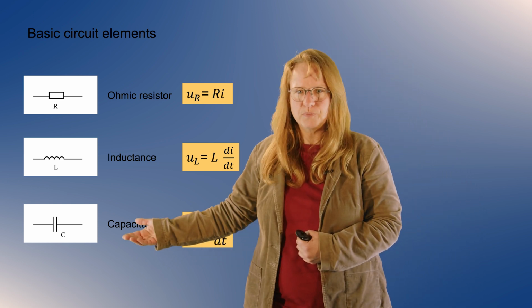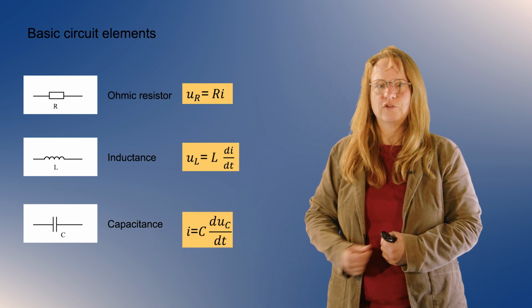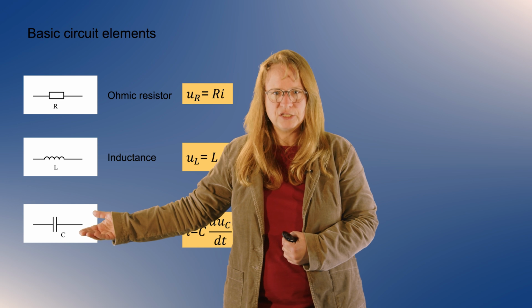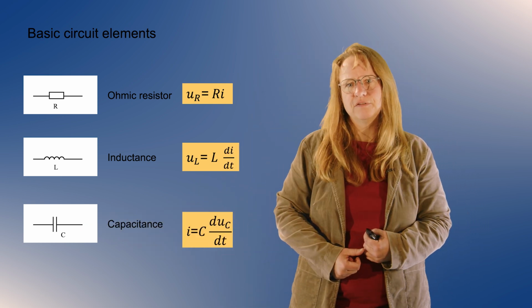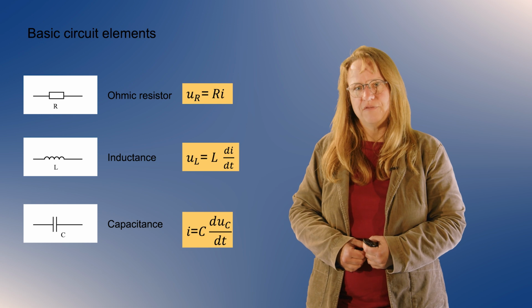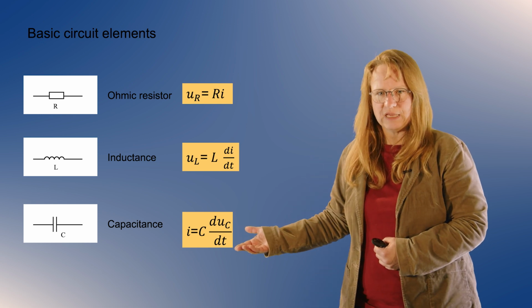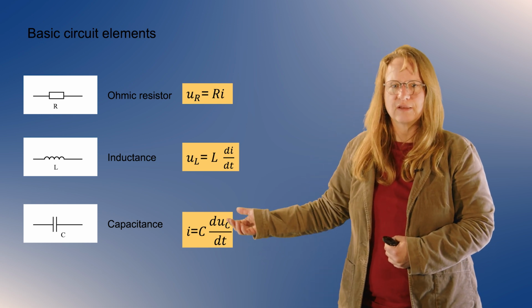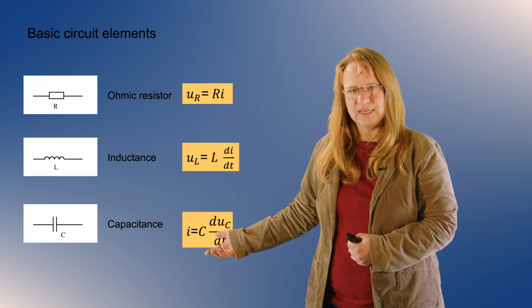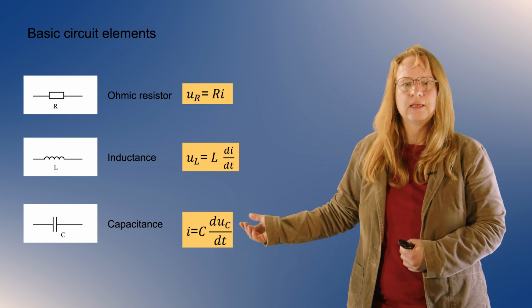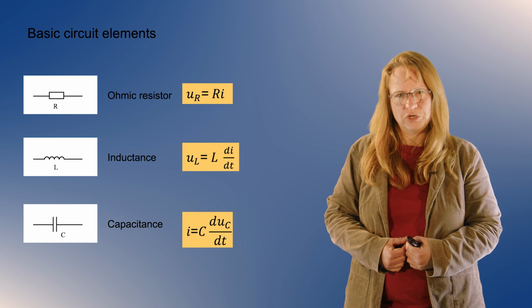And then as the third basic element for equivalent circuits, we have the capacitance here. And the capacitance relates capacitive or energy storage effects to the equation given here. So the current I through a capacitor is given by capacitance C times the derivative of the voltage.